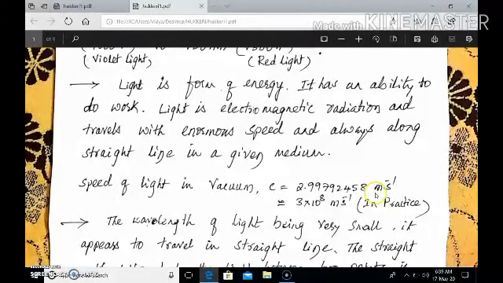Now, the speed of light in a vacuum. Vacuum is an optical medium without any matter. A number of experiments were conducted to determine the speed of light.